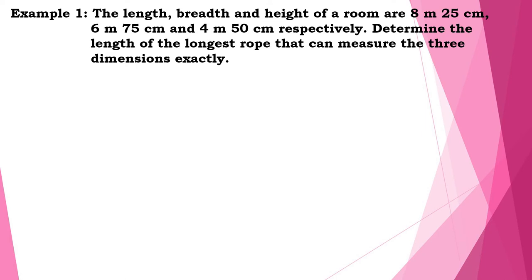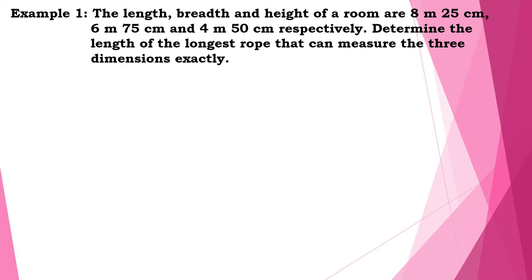Now see students, we have to find the length of the longest rope that can measure the three dimensions exactly. By exactly we mean that when we measure these lengths, then the whole rope has to be used each time.